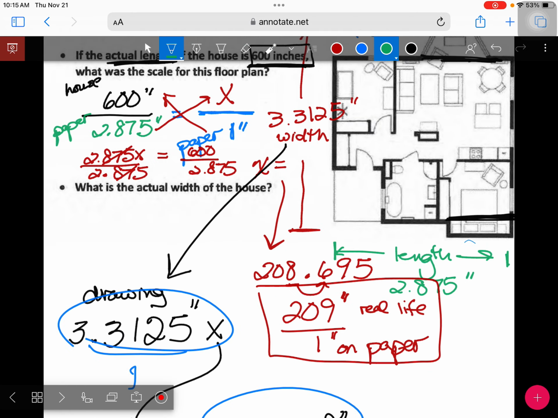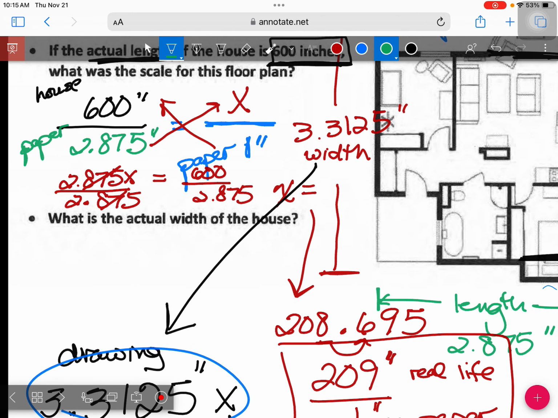Now, I have a question for you. What if we didn't put this as 1 inch? Let's say we made it into a 1/2 inch. Would it still work out? Would I get the same scale amount?